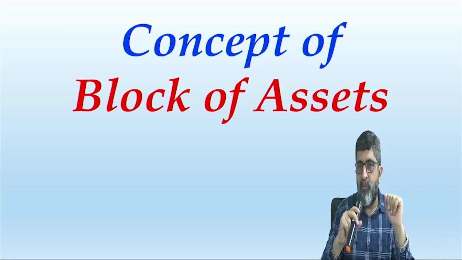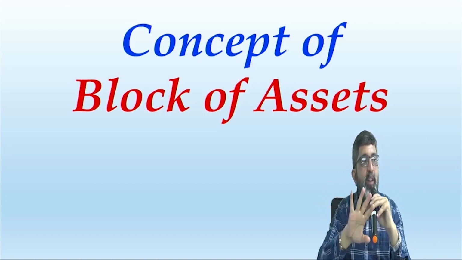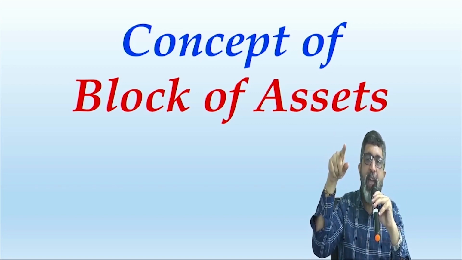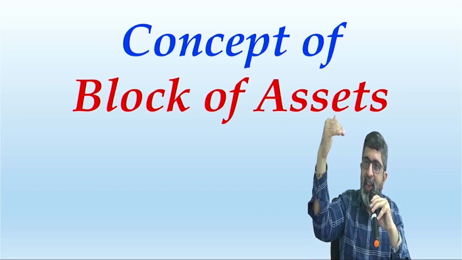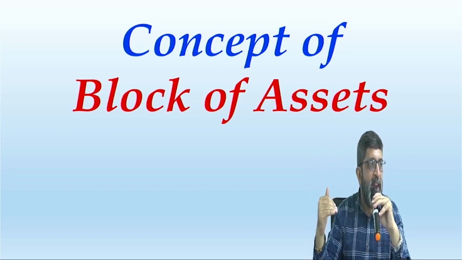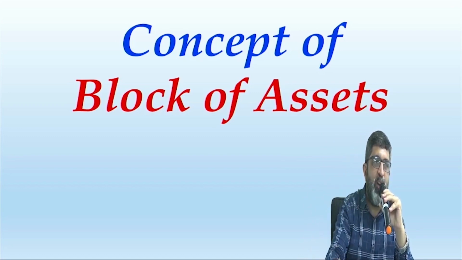So, if this block of asset concept wasn't there in my example, sale of M5, 10 lakhs WDV, 6 lakhs sale value, loss 4 lakhs, you will charge the loss and you will save tax on that loss.